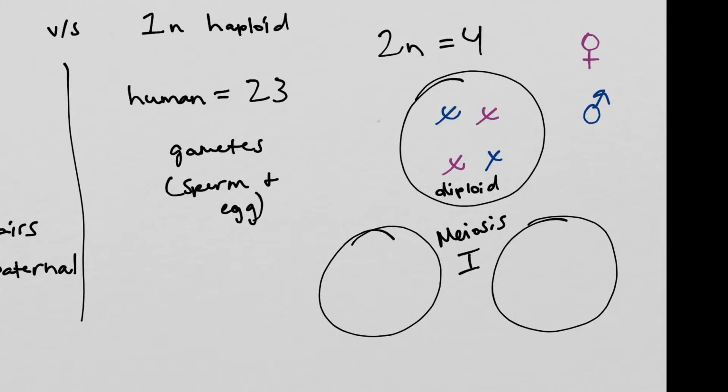Now, is this cell diploid or haploid? Haploid, because it does not contain both the maternal and paternal copies of the homologous pairs.